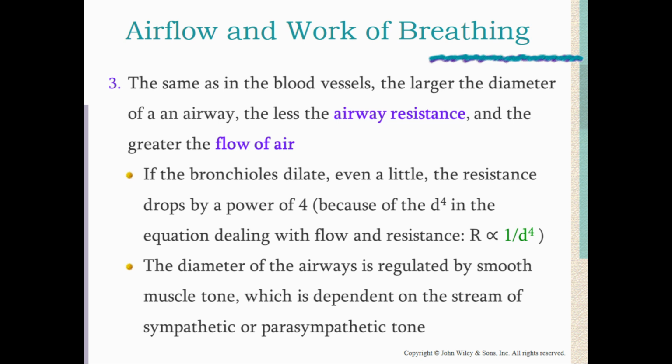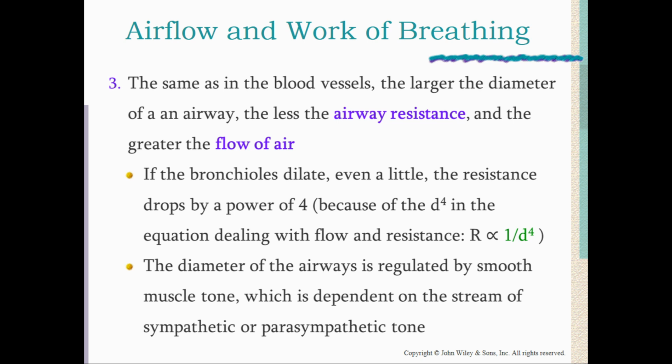Now you would think that would be pretty self-explanatory. If the bronchioles dilate even a little, the resistance drops by a power of 4. So basically, a small dilation or an increase in the size of the bronchial tube will increase the flow of air by a power of 4, and that's a pretty noticeable difference.